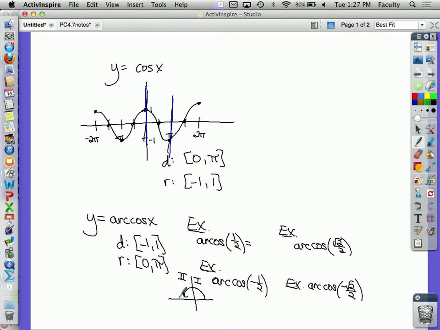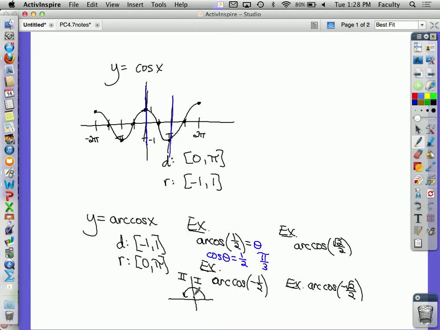So let's look at a few examples here. If I have arc cosine of 1/2, this means the cosine of what angle would give me 1/2. So what would that be? You guys should know this. Pi over 3. How about arc cosine of negative 1/2?